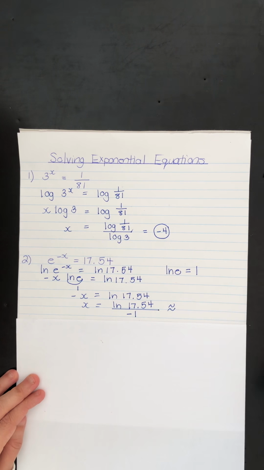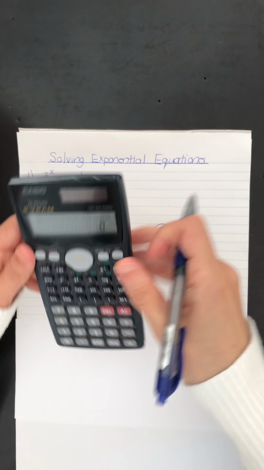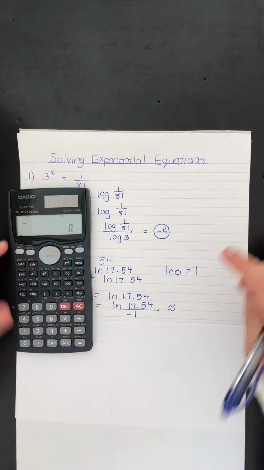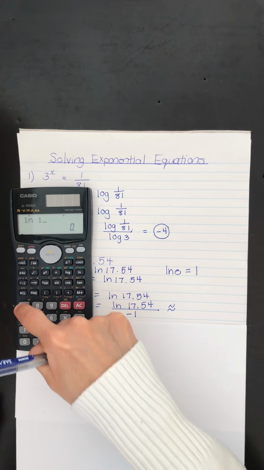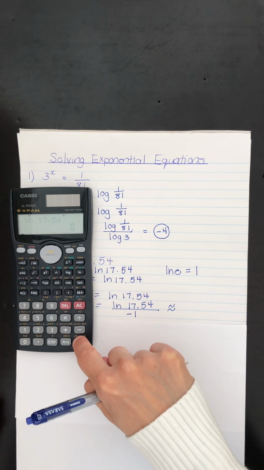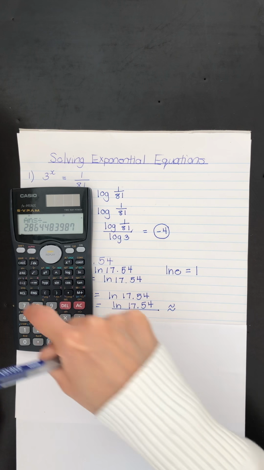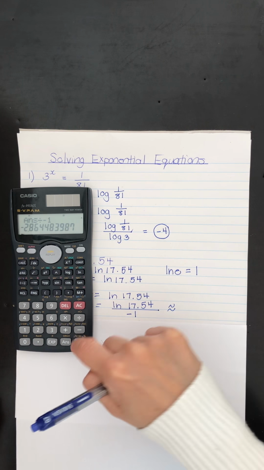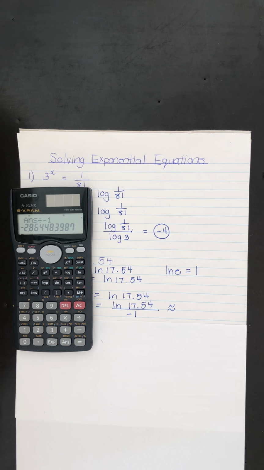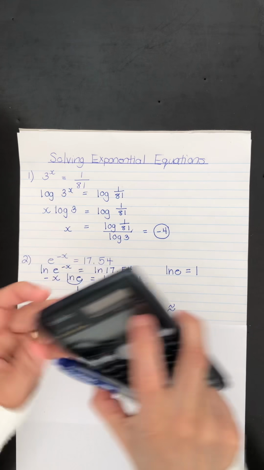And we'll just put this into our calculators and round to 3 significant digits. Okay, so the ln of 17.54 is this number. If we divide by -1, we get this number, roughly -2.86.